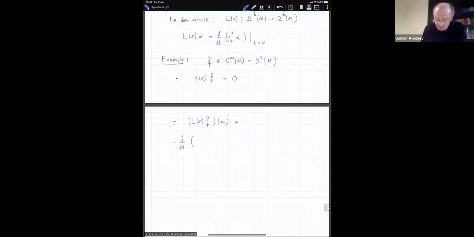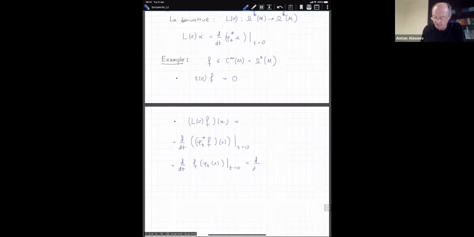What should I do? I should take phi_t star of f, again at the point x, and I should compute the derivative at t equals 0. So what does it mean? This means d over dt of f of phi_t of x at t equals 0.